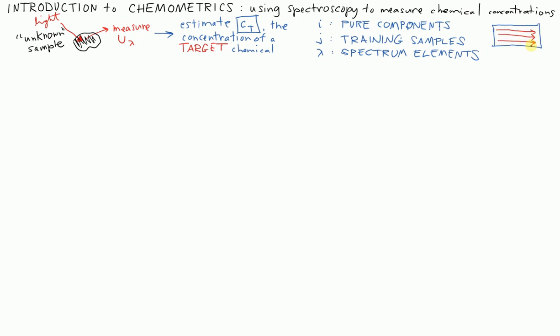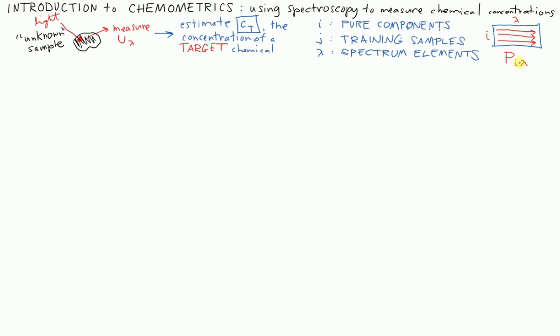And then the indices of this matrix, I would have lambda spectrum elements, the width, I guess you'd say, of this rectangle I'd index with lambda, and the number of pure components I would index with I. In this case, there'd be 3 pure components. And I would refer to this matrix then of the pure components spectra as capital P for pure components, and then the 2 subscripts would be I and lambda.